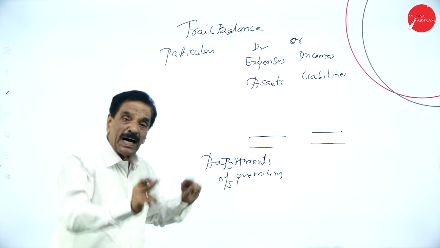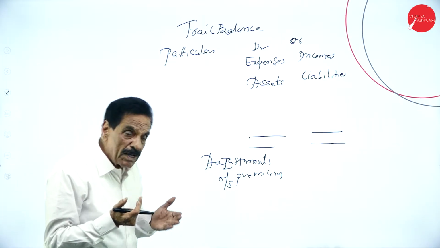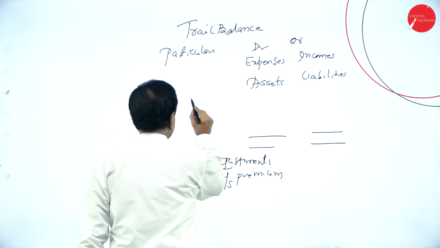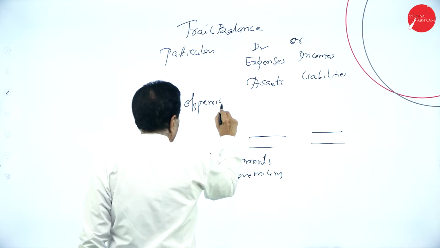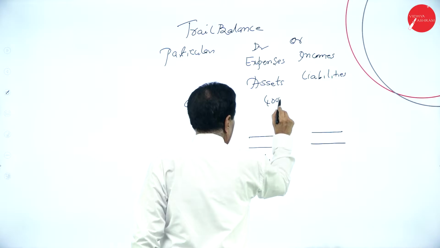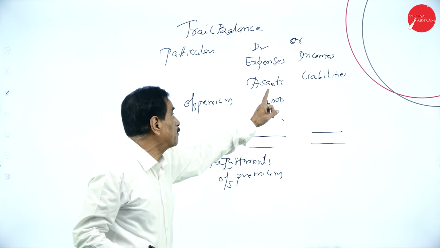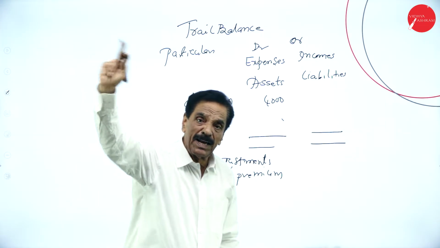Then it will come on the current asset side of the balance sheet as receivable. If the outstanding premium comes on the debit side of the trial balance, directly it will come on the asset side of the balance sheet.